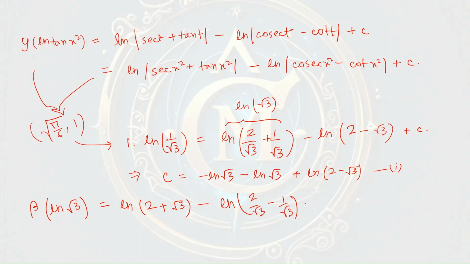So c we got is minus 2 log root 3 plus log of 2 minus root 3.